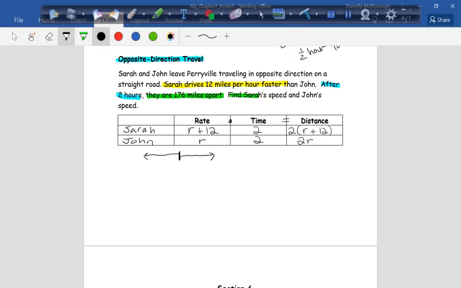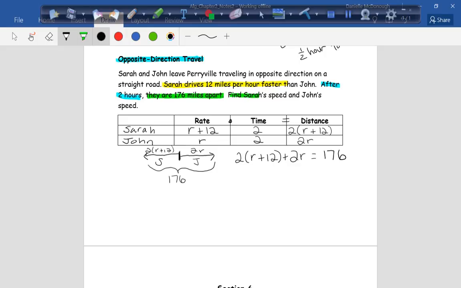Okay, so think about this for a second. Let's say this is Sarah and this is John. Sarah's distance is 2 times R plus 12, and John's distance is 2R. The total distance is 176 miles apart. So in this case, we're not going to set the two distances equal to one another because they're traveling different distances, but we know that their distances together is equal to 176.